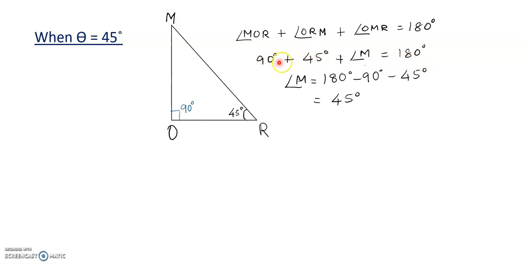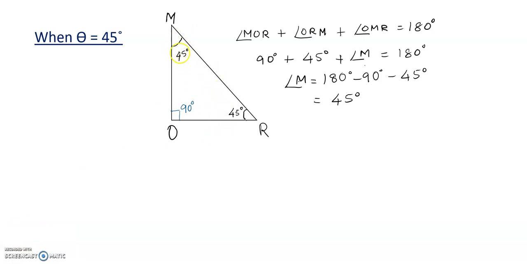Now let's move these two values to the other side of the equation. So you get angle M is equal to 180 minus 90 minus 45. Simplifying, we get 45 degrees. So now let's mark this value here. So this angle is now 45 degrees.